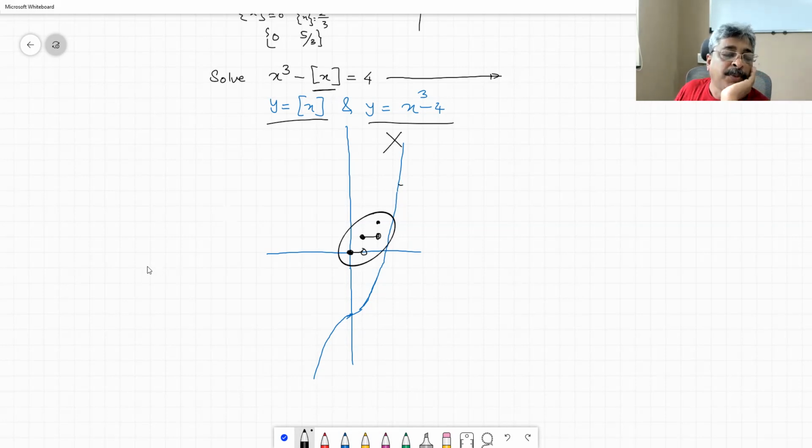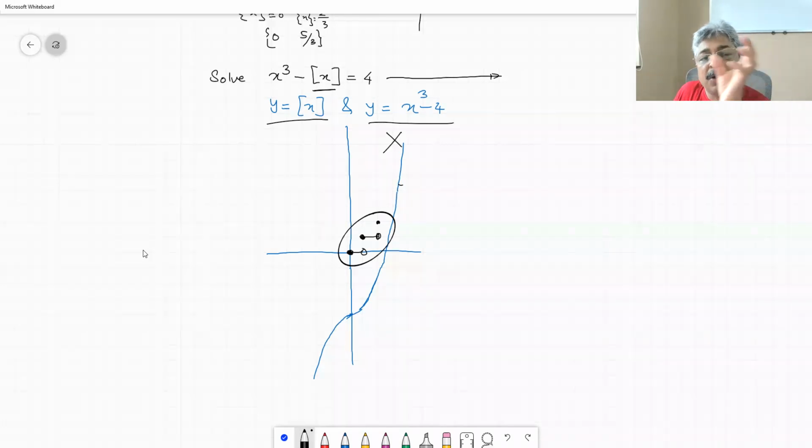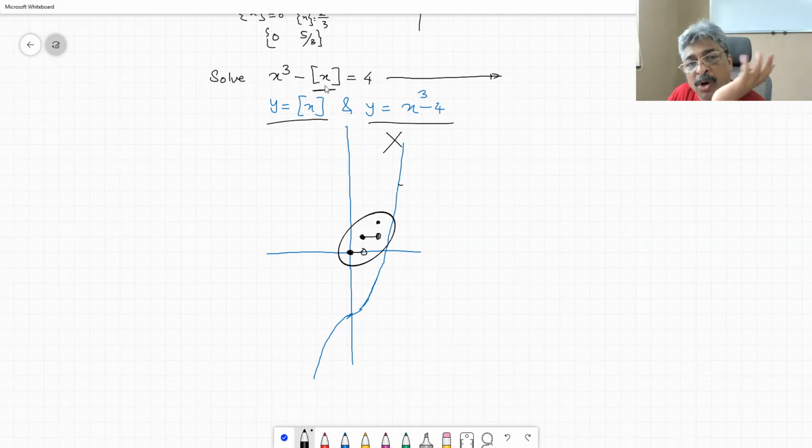Algebra will not provide you values of x like 0, 1, 2, 3, 4; algebra will provide you all values of x belonging to R. But because this is the greatest integer function, it is not continuous, it is a jumping function, a step function. Therefore, it is going to be more of trial and error, and you should get a fair idea about what to try.